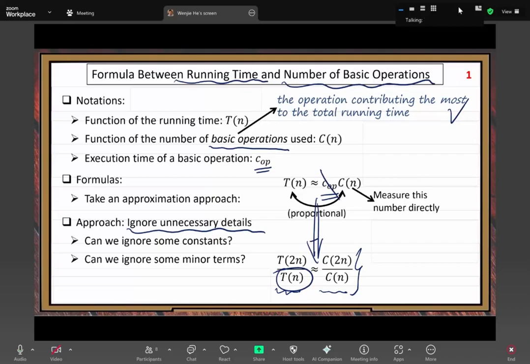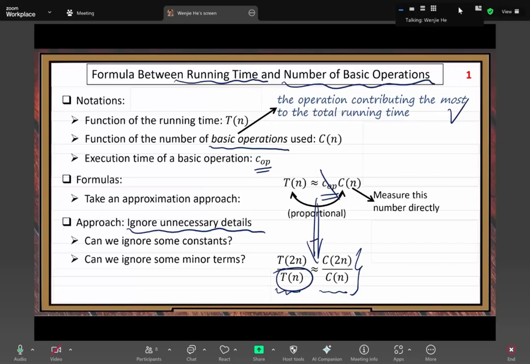Then you want to see how large is the ratio. So that ratio gives you the rate of increasing. You can call it increasing rate.